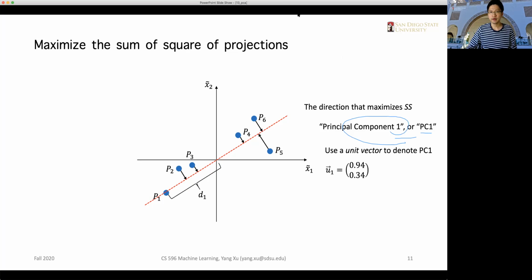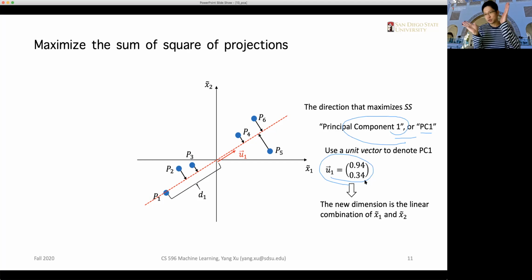We can represent PC1 using a unit vector, which is described by these 2 numbers. It basically points to the direction of this dimension. The new dimension is a linear combination of the original 2 dimensions, x1 tilde and x2 tilde.